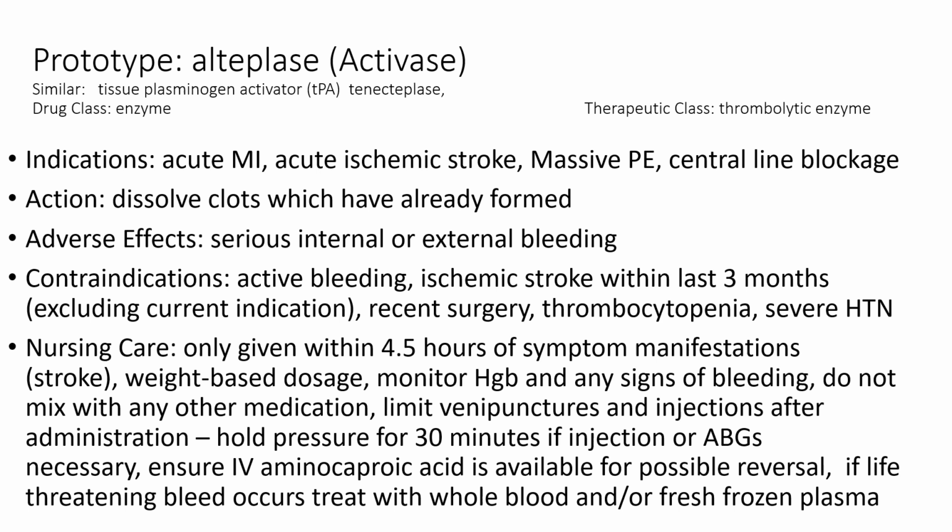We monitor for any sites of bleeding after they've received this drug. We also monitor to see if it's opened up the blood vessel. During the stroke, we're hoping that we're going to get return of neurological function. If it's an artery in the heart, we're hoping that the chest pain resolves and their ECG changes improve. So it just depends on which one we're using it for.